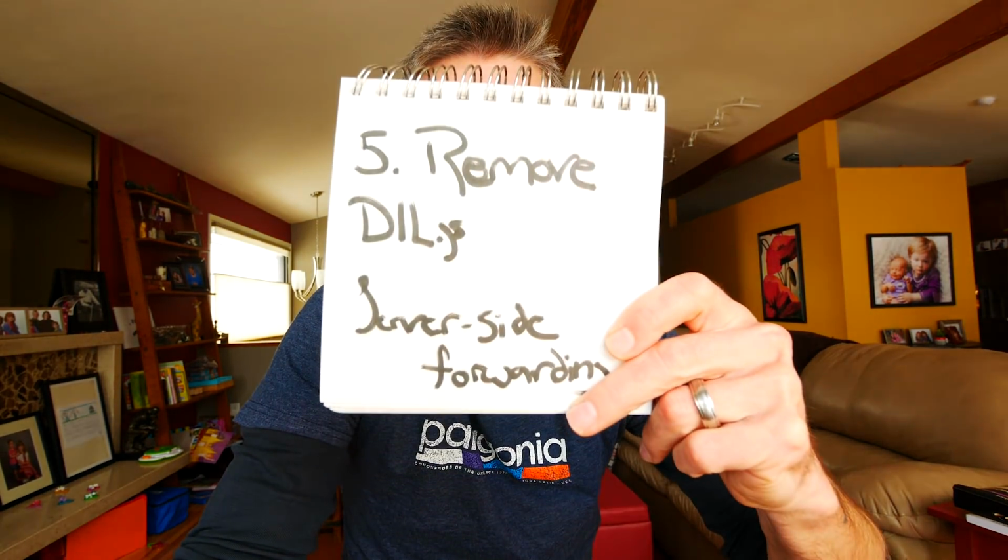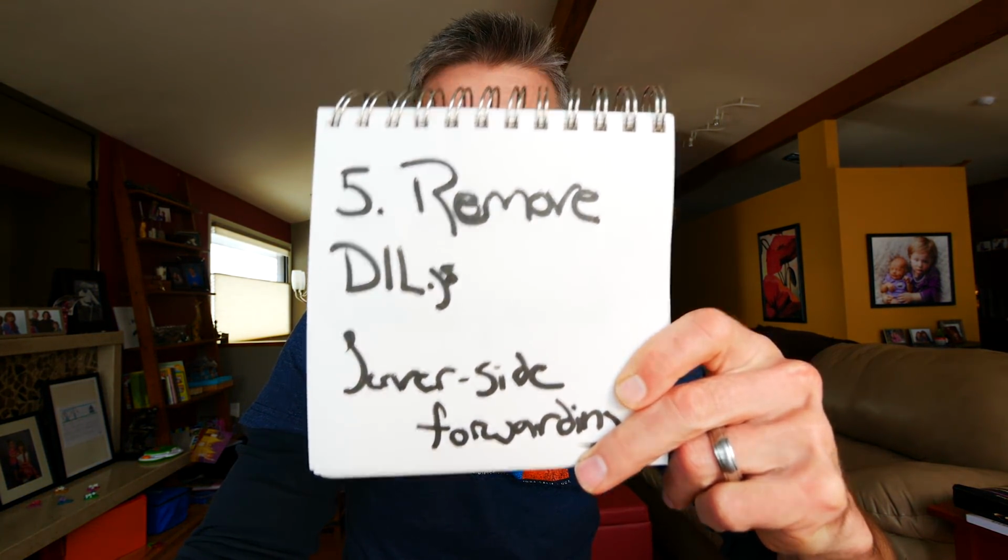5, remove dil.js. Remove? Yes, actually, if you're using MCID and you are an Audience Manager customer using analytics or have analytics in Audience Manager, then you don't really need DIL anymore. So you can leverage server-side forwarding. And server-side forwarding is actually a really good thing. It allows for all the analytics data, all the variables, to be sent directly to Audience Manager server-side as traits.